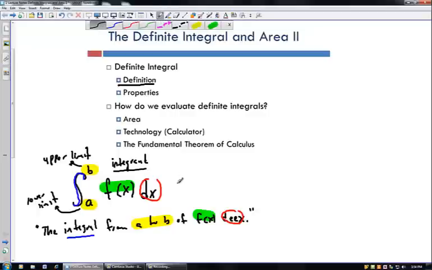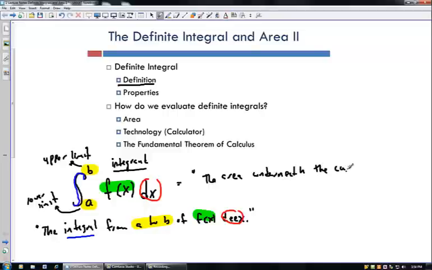And hopefully you remember, when I say integral, you say area, because this is what it actually means. So the concept is that this is the area underneath the curve from a to b.